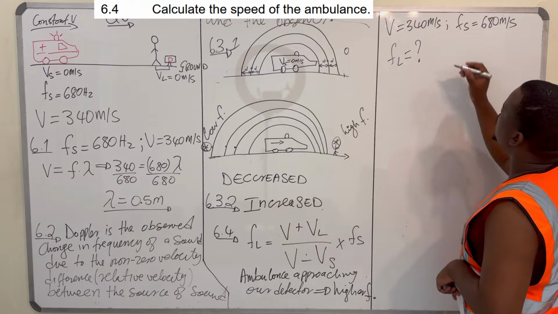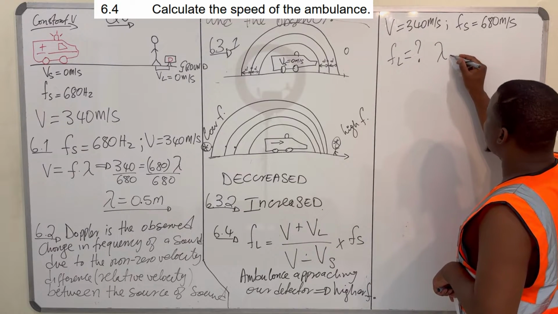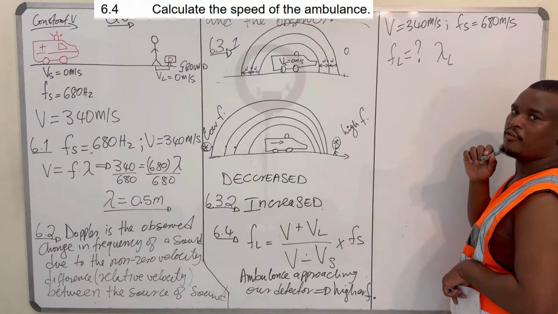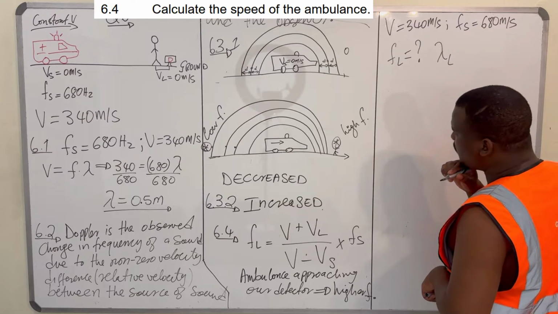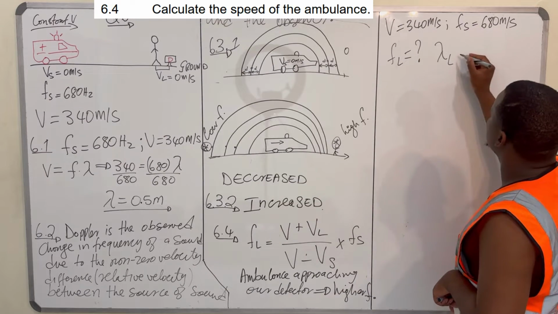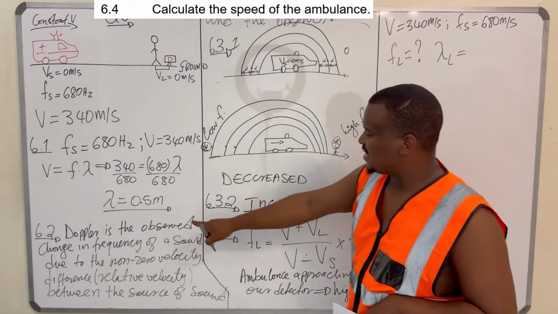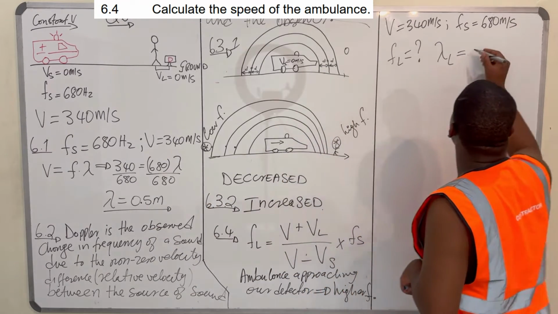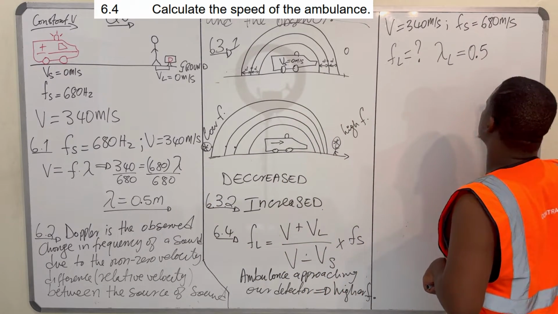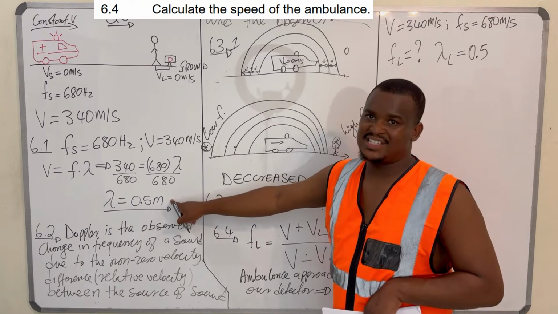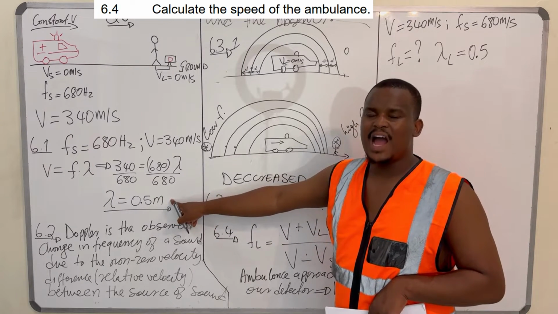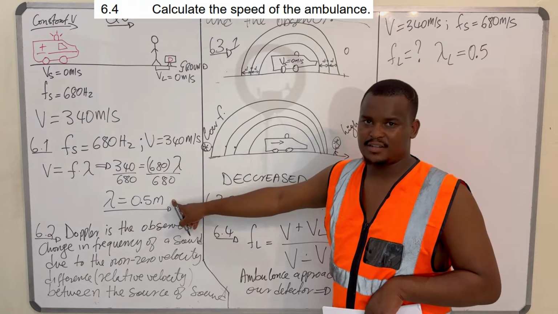But we do have the wavelength detected, which is the wavelength of a listener. Right? The wavelength that was detected initially. You initially detected 0.5 meters of wavelength. It was the initial wavelength that was detected when the ambulance was stationary.